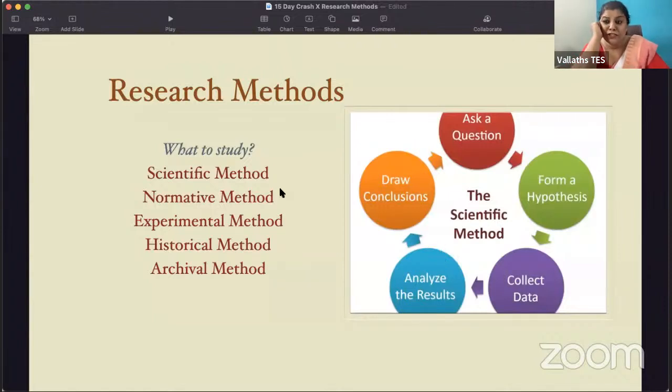And these normative methods of research will lead to big developments like the formation of the IPA, or the International Phonetic Alphabet. Okay, then there is the experimental method.